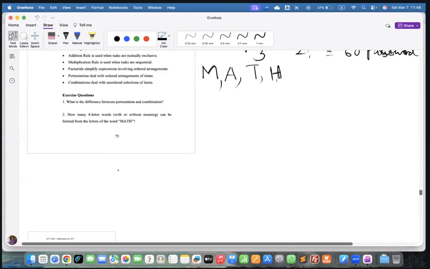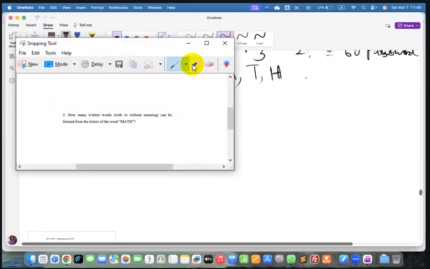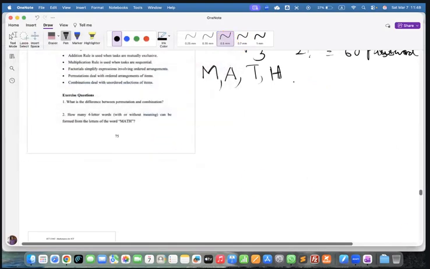In this question, I'm saying with or without meaning. That's the key thing. What is the meaning of that? My answer is that without means the usual permutation method. No, here, what are they telling?